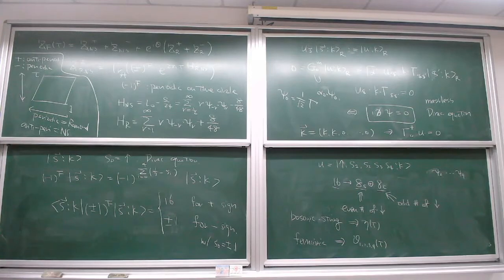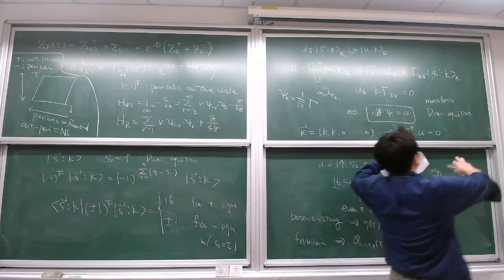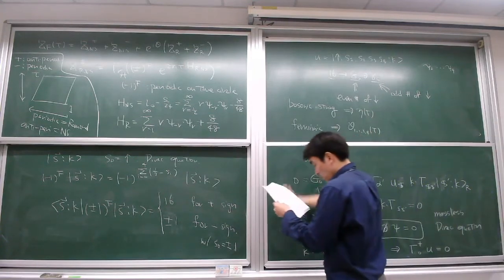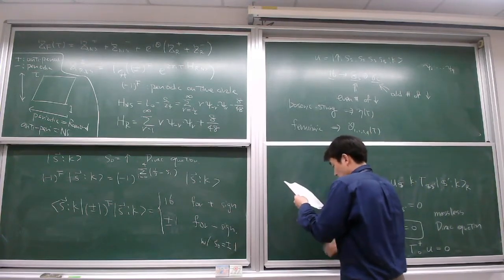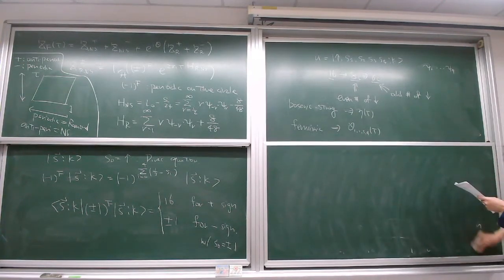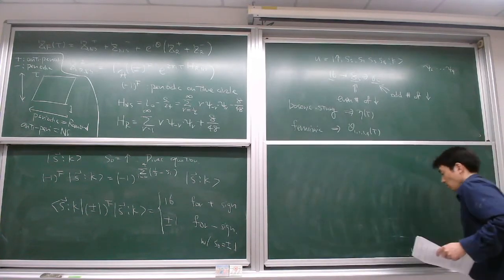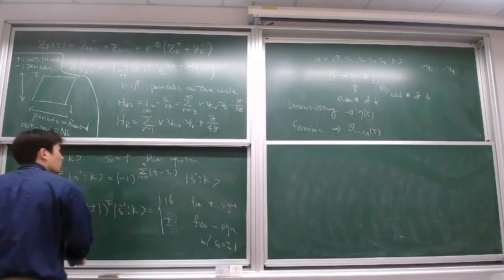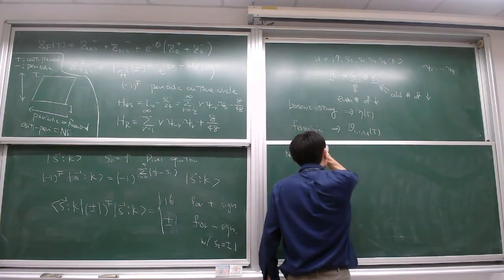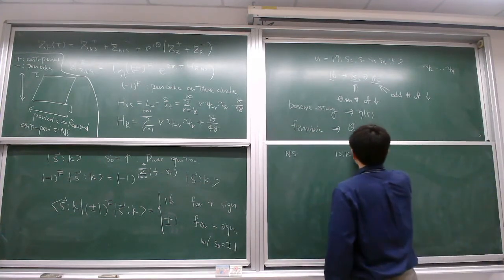Sorry. And then let's count the Hilbert space with this. So let's first look at the NS sector. In the NS sector, you have a vacuum which is projected out by the GSO projection.